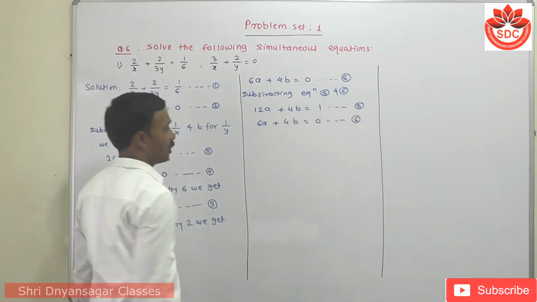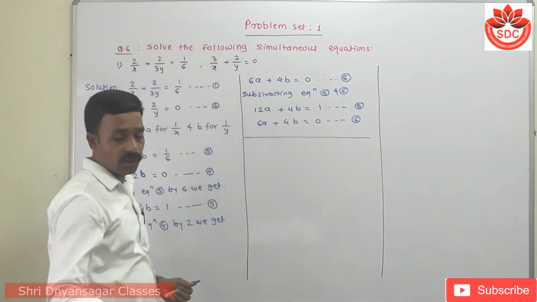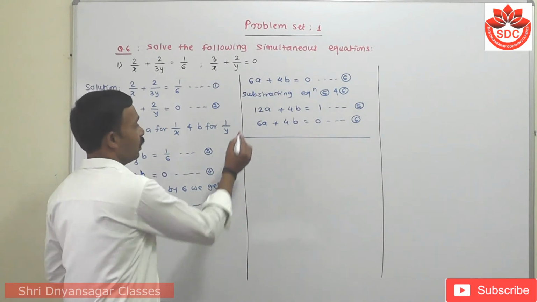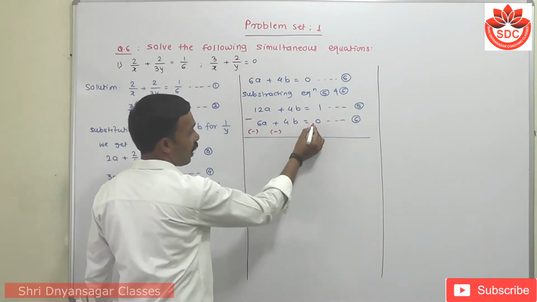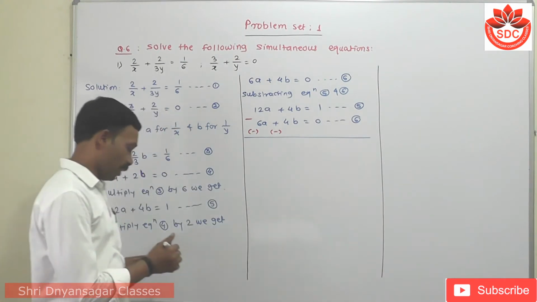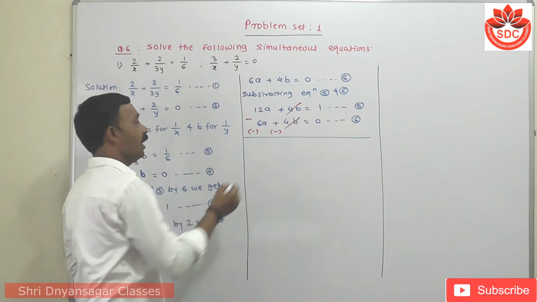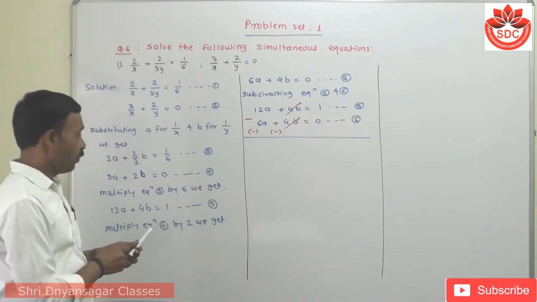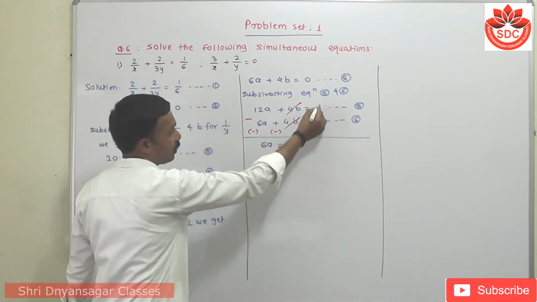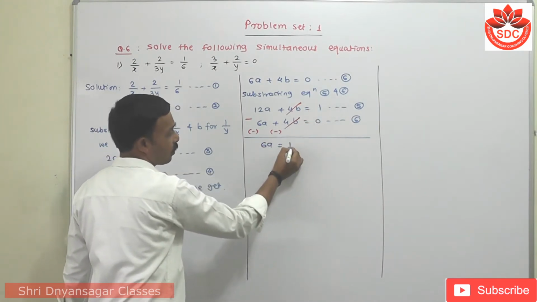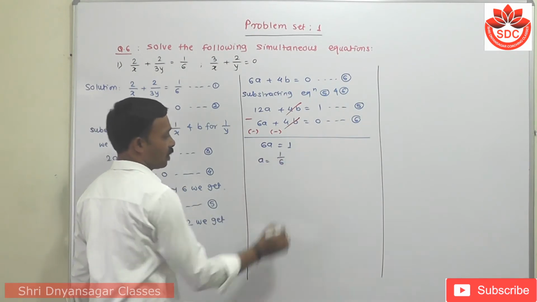Equation number 6. Student, when we subtract, the signs of the second equation will change. So the plus converts to minus, this plus converts to minus, and 0 has no sign. Now observe carefully, the 4b gets cancelled. So we take the subtraction: 6a is equal to 1 minus 0, which becomes 1. Then a is equal to 1 upon 6.